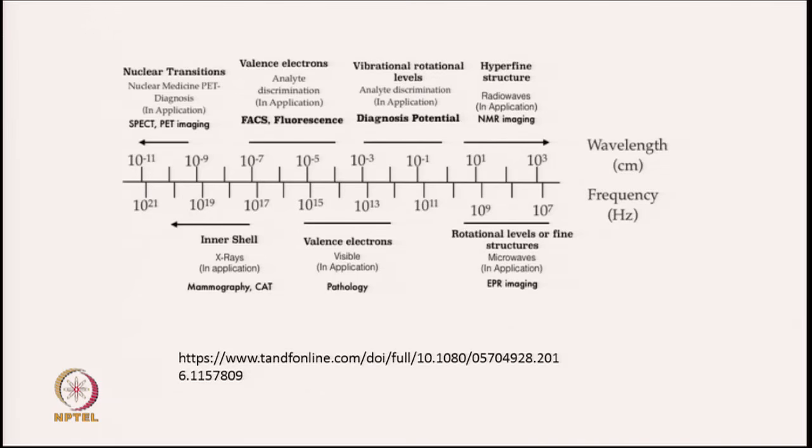Hyperfine structure using radio waves is used for NMR imaging. X-rays are used in mammography and CAT. Visible spectroscopy is used in pathology, and microwaves are used for EPR imaging.